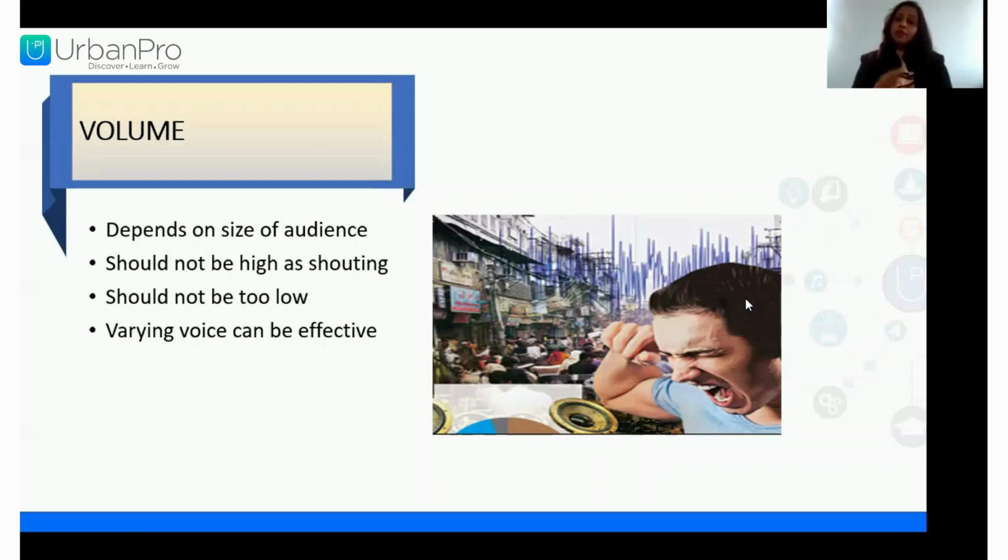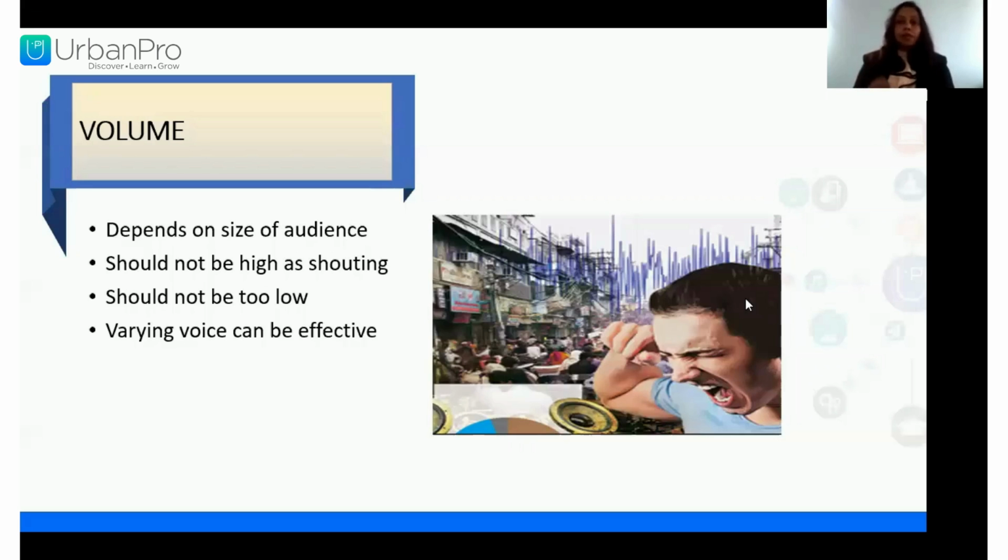But when you are presenting in front of a small group of about 10 or 15, it does not have to be so loud that it sounds like shouting, because you are putting your whole energy into speaking. It should not sound like that. If you feel that your voice is not that strong and you cannot speak with that much volume, it is better to use mics.